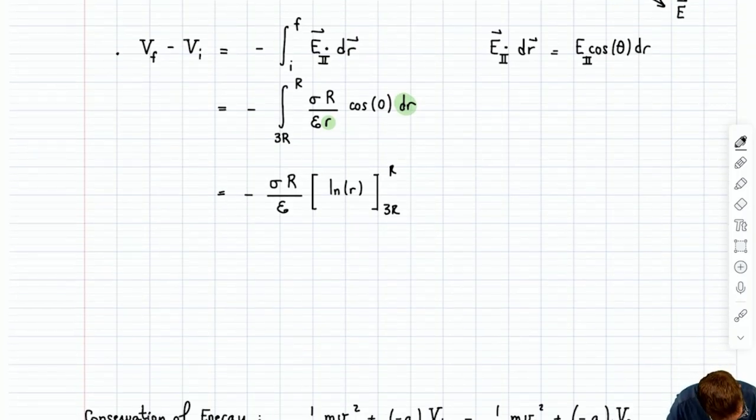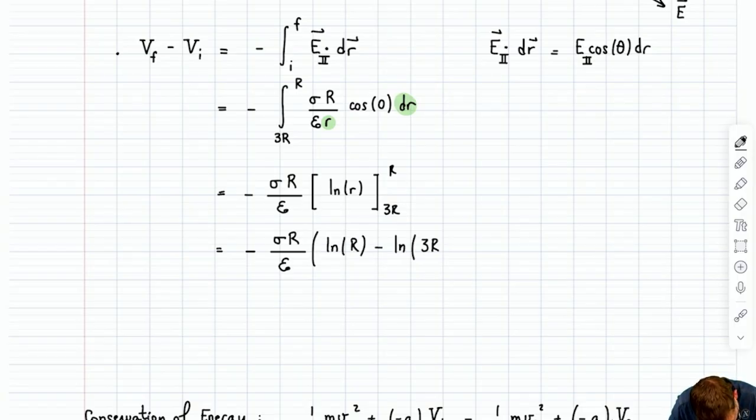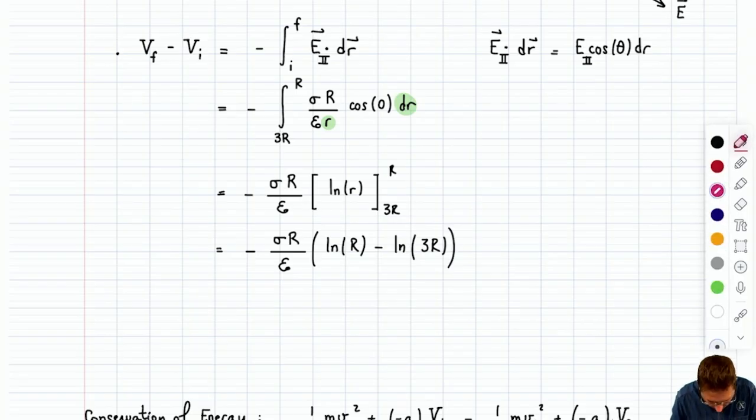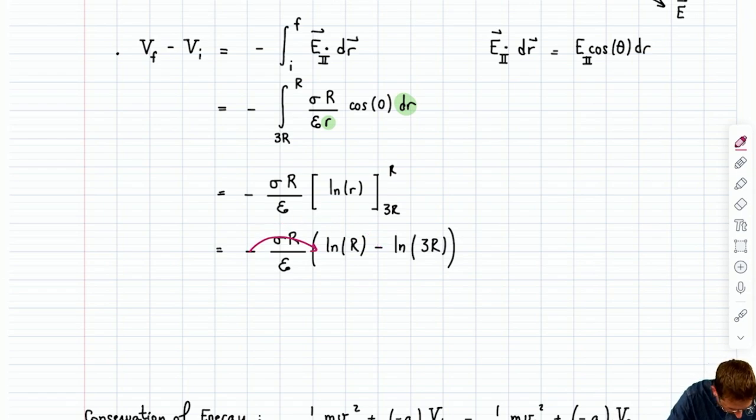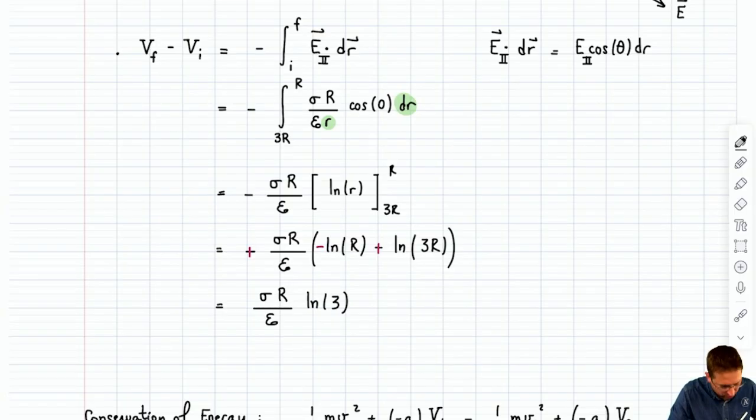Okay, now that's going to be minus sigma r over epsilon naught times natural log of r minus natural log of 3r, which we can simplify further because if we distribute the minus into the parentheses, then we get this, and ln of 3r minus ln of r is really just ln of 3r over r, so that's natural log of 3, right?